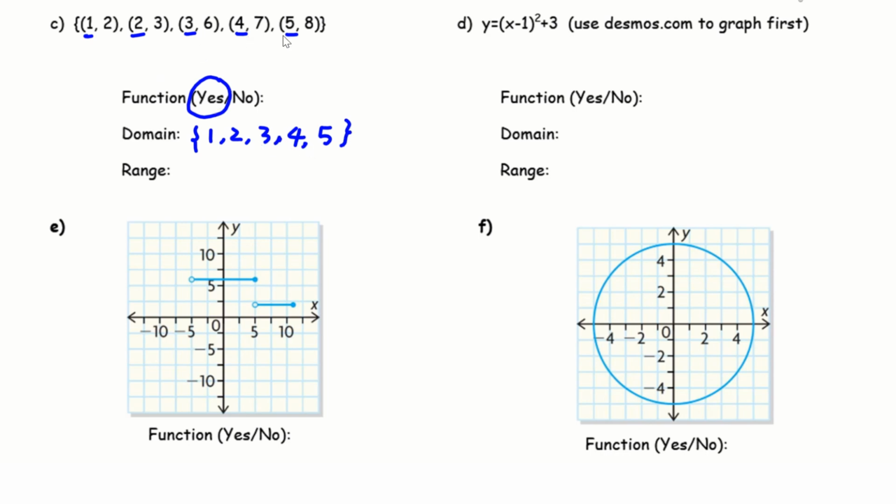You only have 5 x values, you know the output. So the valid input 5 numbers only. For the range, the valid output you have only 2, 3, 6, 7, 8. 5 numbers only. So for a set of ordered pairs of data, you could just list the numbers there.